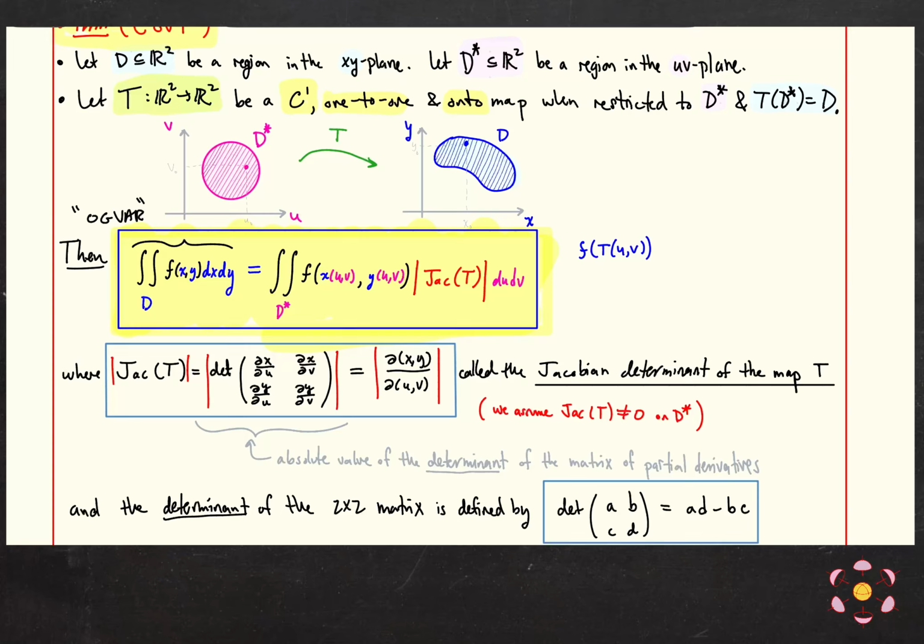So the idea of the change of variables is that this other side here is going to be an integral in the u and v variables. Notice I'm integrating also over something called D star, which lives in the uv plane. And the way we do it is we use the transformation T to replace x with functions of u and v, and y with functions of u and v.